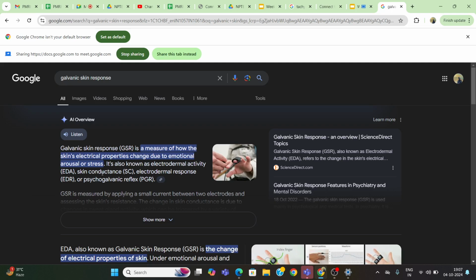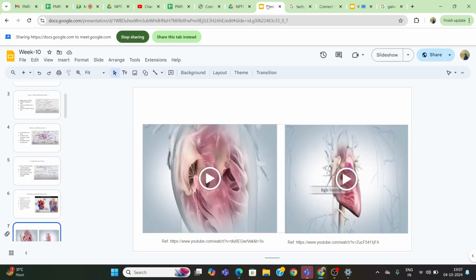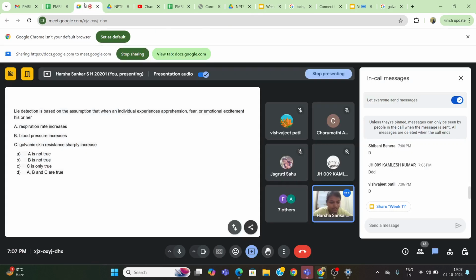It is also known as electrodermal activity or skin conductance, or psychogalvanic reflex. When the skin is connected with electrodes, depending on what is happening with the skin, it reacts to that electricity. If you are in stress, the skin resistance changes. If you are lying, we are definitely in stress, or we think so.